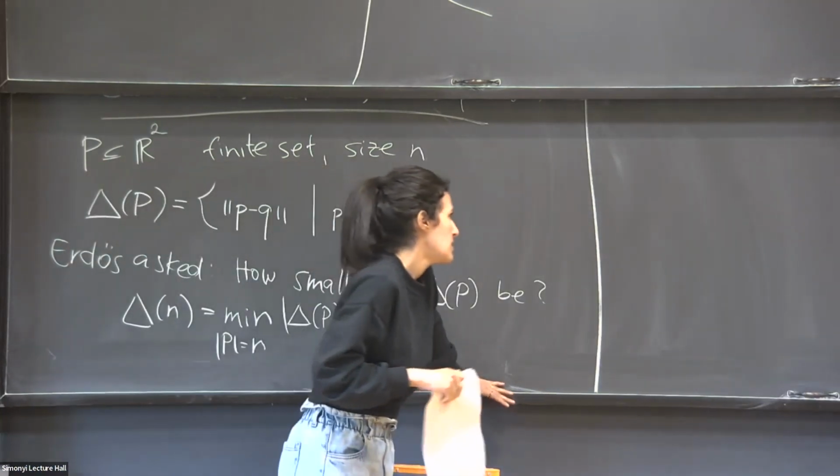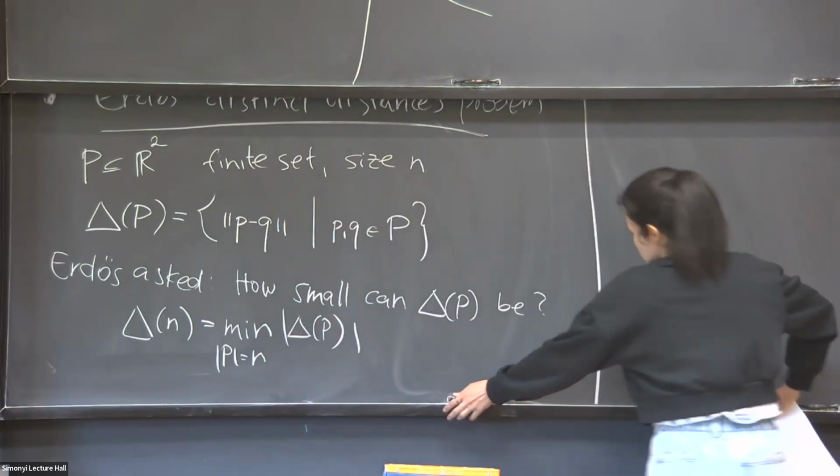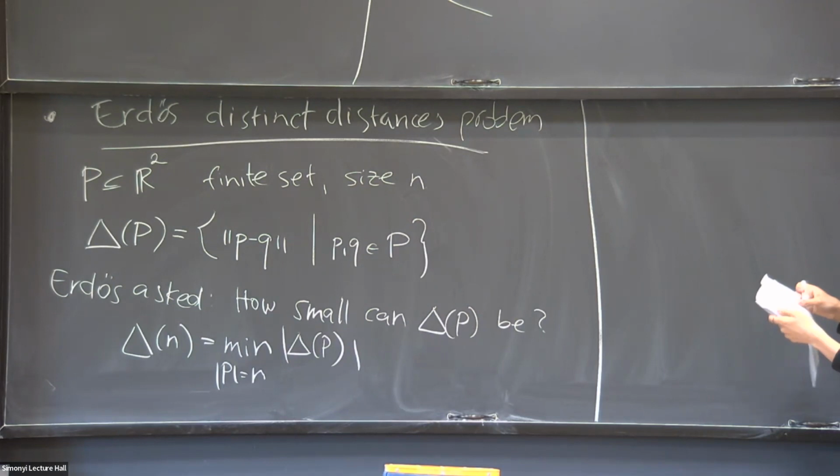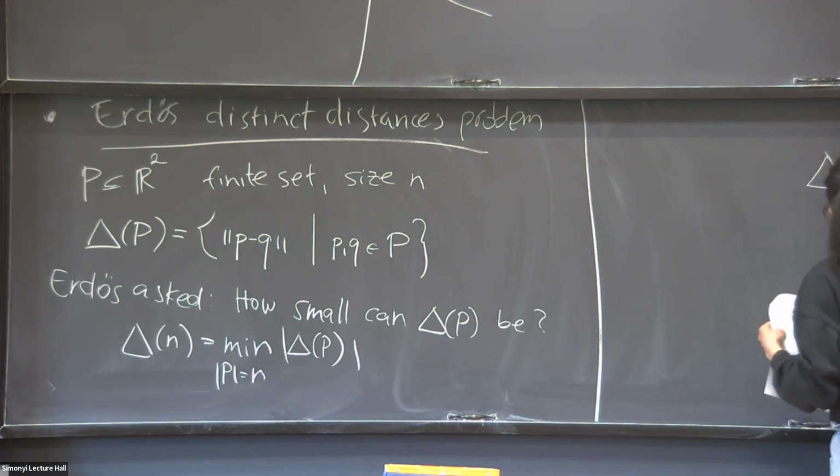Okay. So what do we know about delta of n?